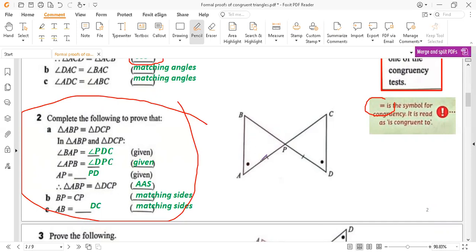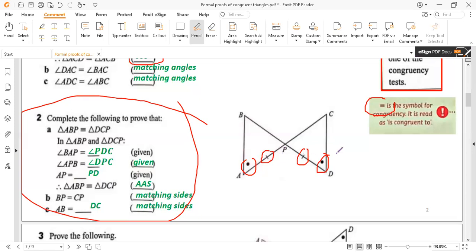Like here, for example, I have one side and one side equal. Good. We have an angle and an angle. We don't have any other pair of matching sides equal. So we search for an angle because we have an AAS test. So we need an angle.